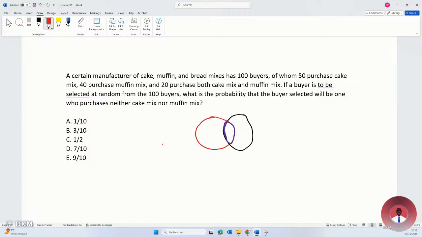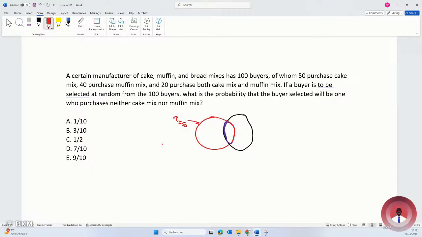So this, we're going to call it X, which is equal to 50, corresponding to 50 buyers purchasing cake mix. So this is like this.